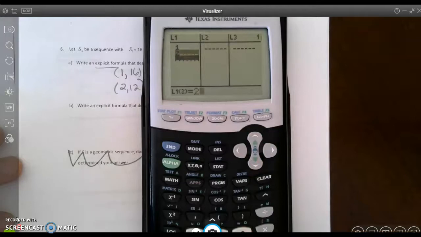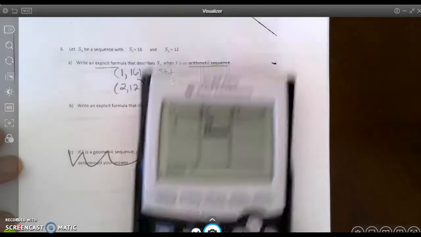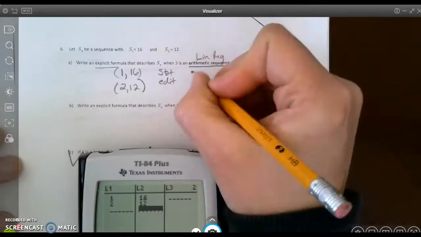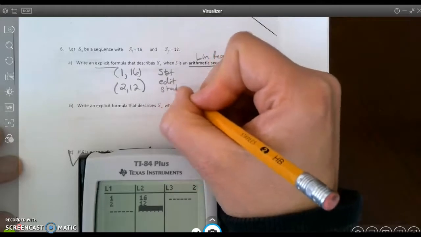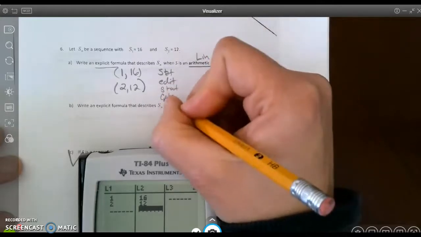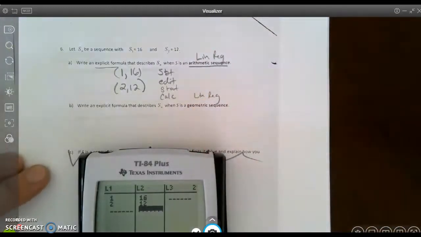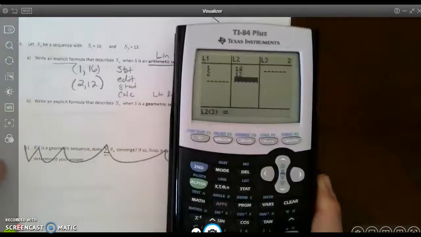So 1 and 2, 16 and 12. And because it's arithmetic, that's going to be linear regression. So now I'm going to hit Stat and Calc and choose linear regression to write my formula. Right?